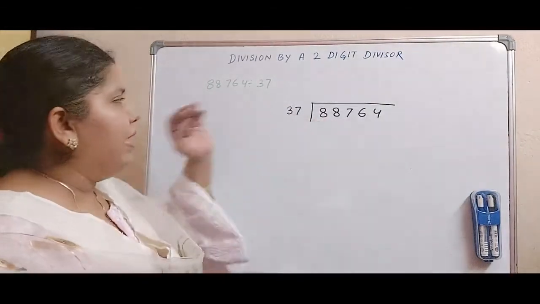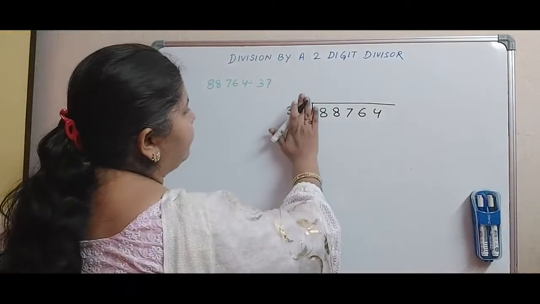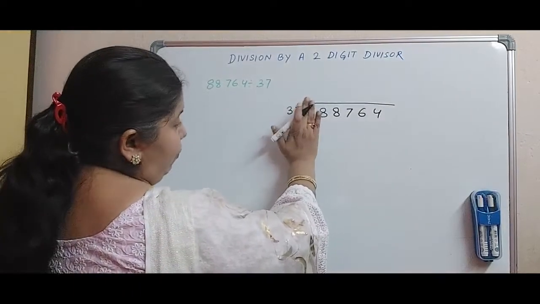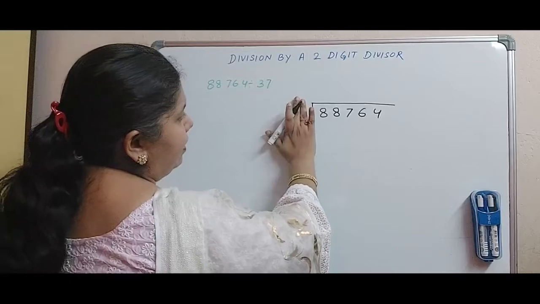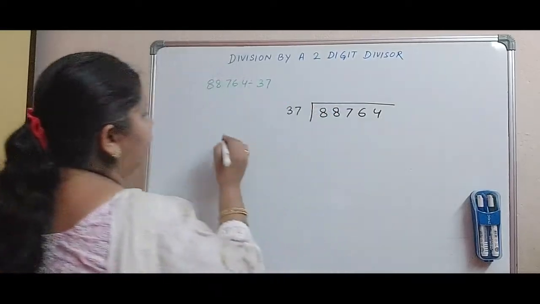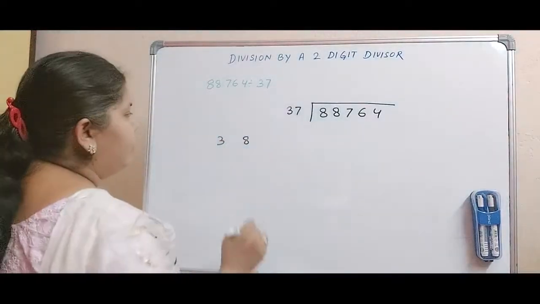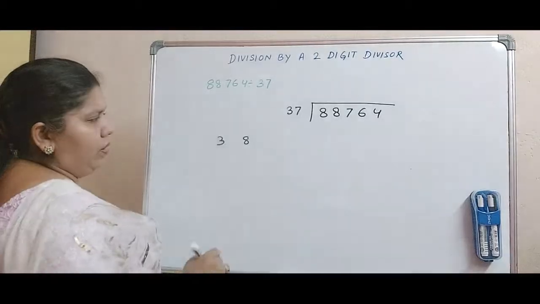For that, first of all, hide the ones place digit of 37 and hide the ones place digit of 88. What we are getting here is 3 and 8. So tell me, 3 times what is going into 8?